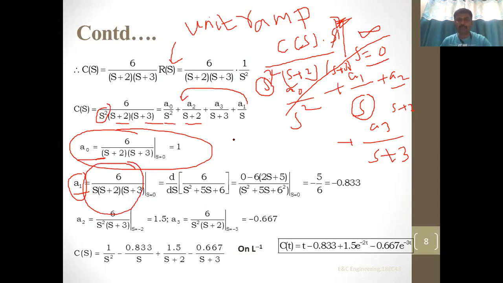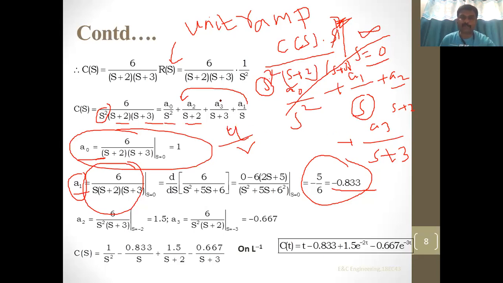For the first order derivative, use the U by V rule, what I learned in basic differentiation: V into derivative of U minus U into derivative of V. If I use that relation and simplify, we get the value of A1 as minus 0.833. Look, for the s term, first order derivative; for the other terms, the basic method.